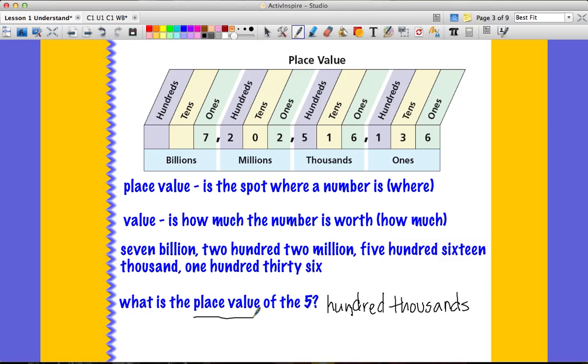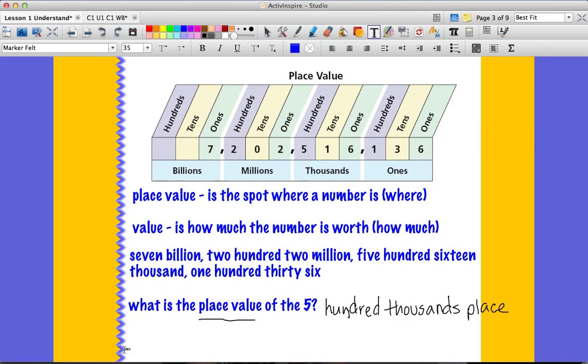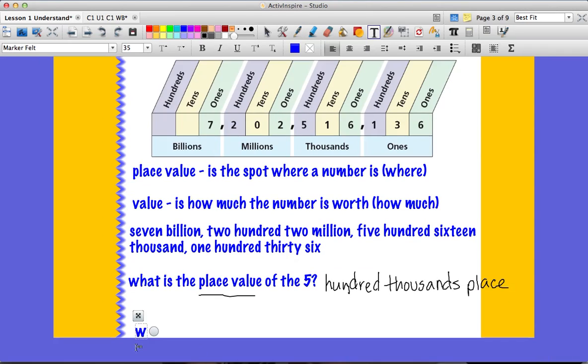Okay, so place value is the where. Where is it? It's in the 100 thousands place. If I asked you what is the value of the 5, that's where you would tell me how much that is worth.